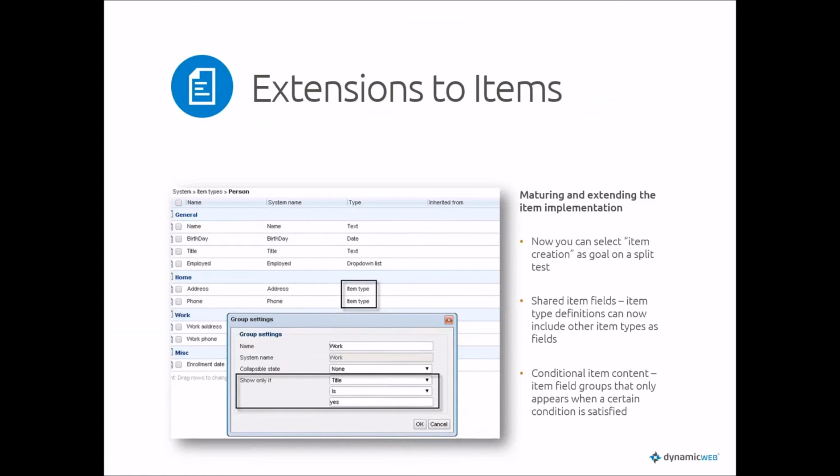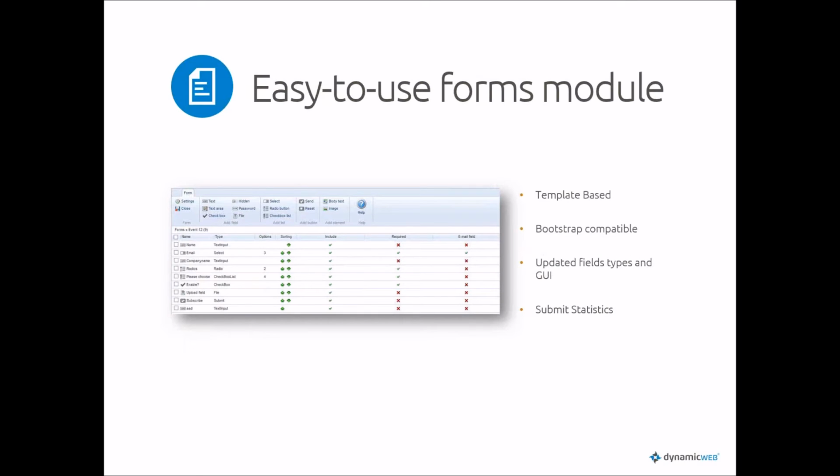Also, as a more important thing, it's now possible to use another item type as an item field. So this field is called address, and that's basically another item type called address that is expanding to a lot of other fields. And this way, it's possible to reuse different items throughout the system, and it makes it more generic and easy to work with when setting it up.